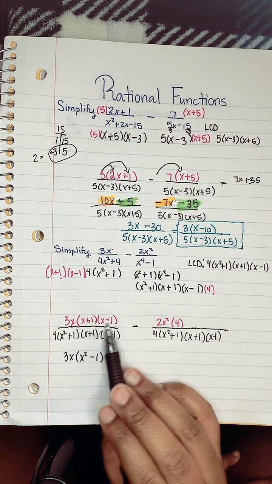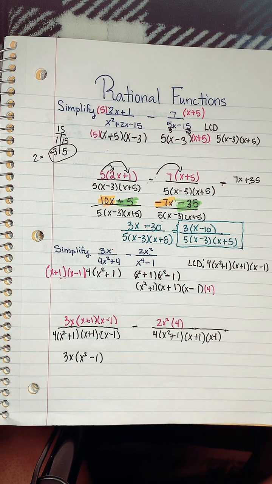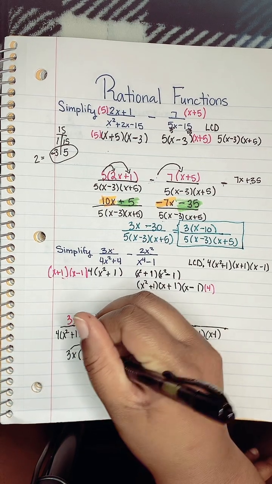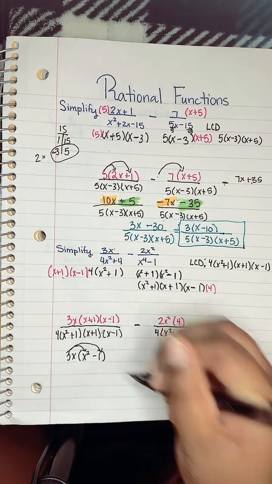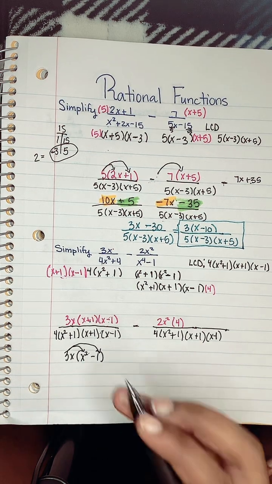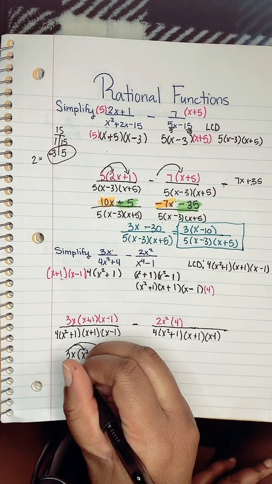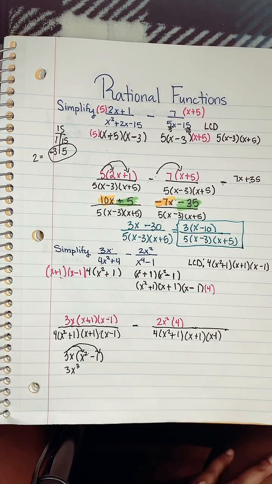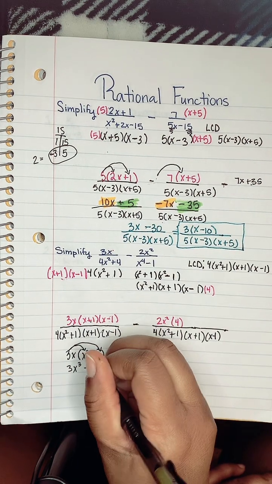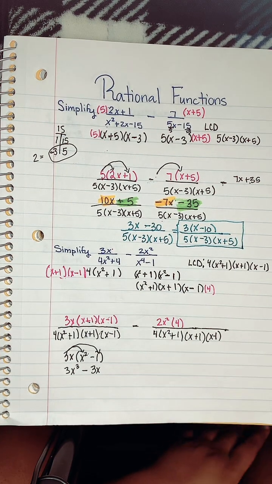So we just multiply it back. Now, whenever you have this attached to a parenthesis, remember that's distributing. So 3x times x squared gives us 3x to the cube. 3x times a negative 1 gives us minus 3x.